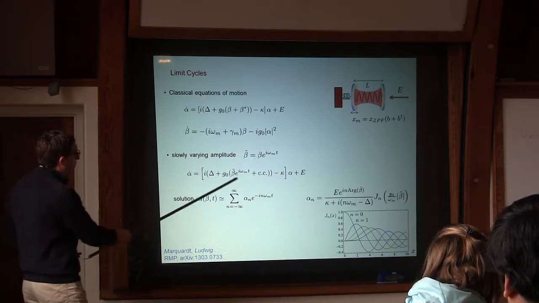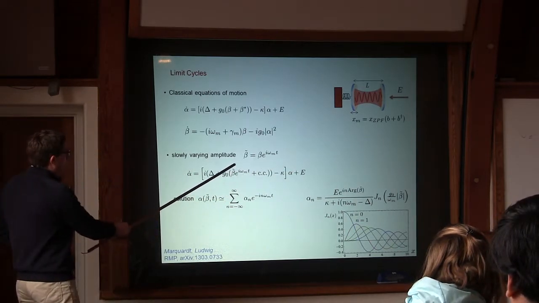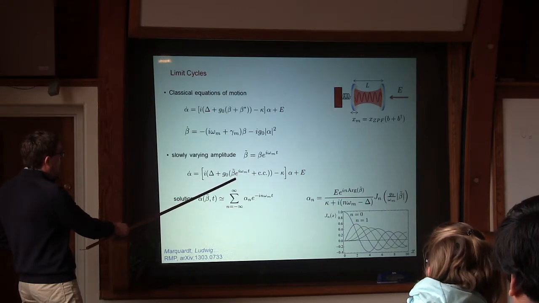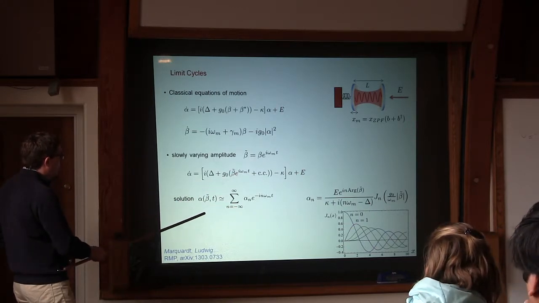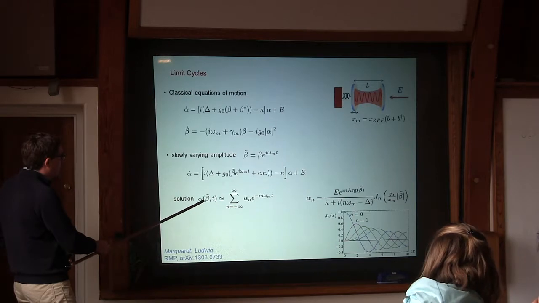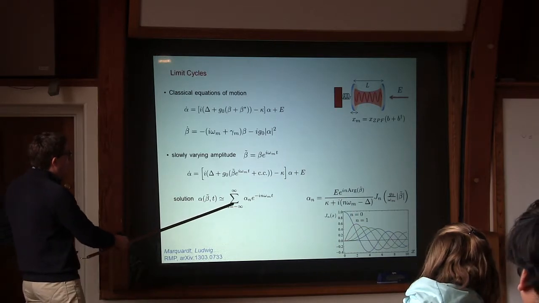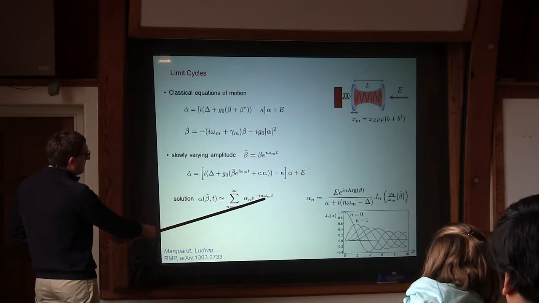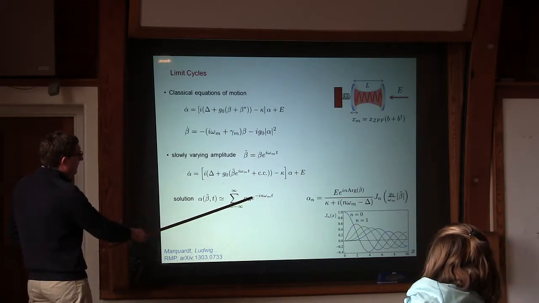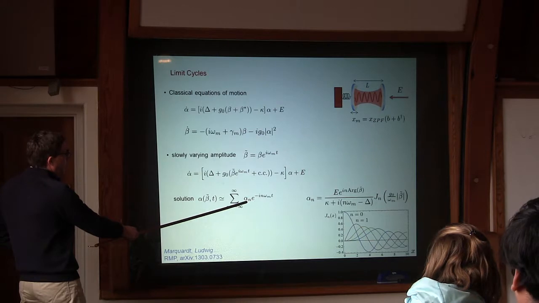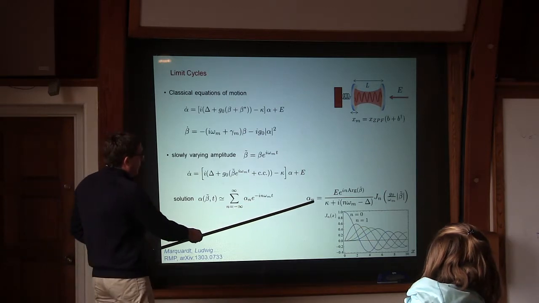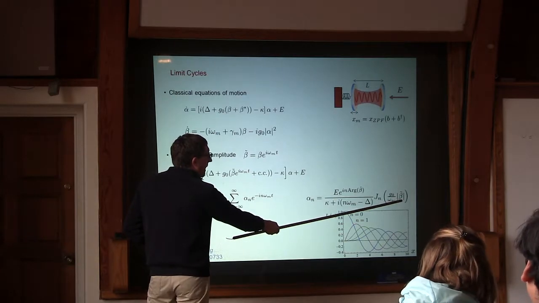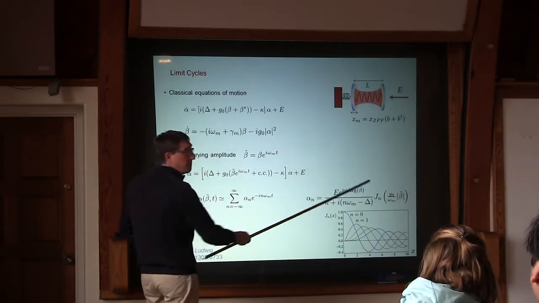Now that is a differential equation with a harmonic coefficient, so what we should use is a Floquet series as a solution. The amplitude of the cavity will be a sum over sideband frequencies, multiples of omega m, with partial amplitudes alpha n, which look complicated, but essentially depend on the amplitude of the mechanical oscillator via a Bessel function.